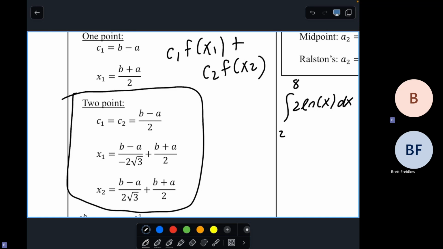I think a good way to be organized with this problem is just to compute x1, have that number, compute x2, have that number. Then you'll plug those numbers into the function. I think that's just the easiest way of doing it.